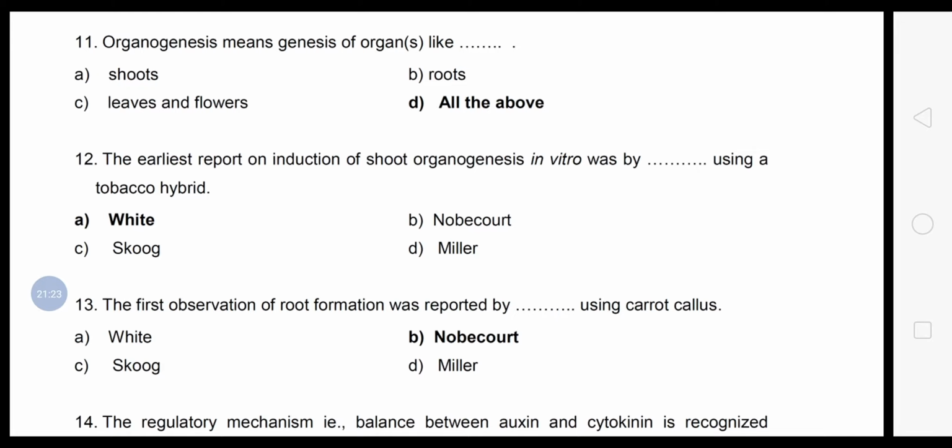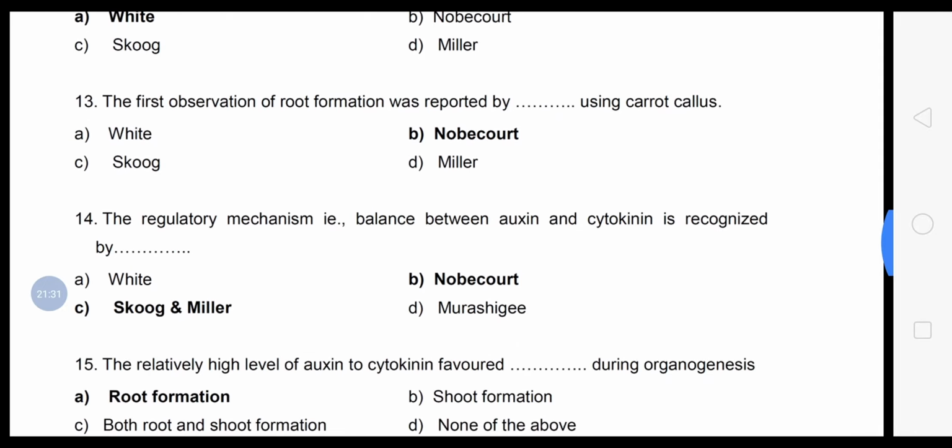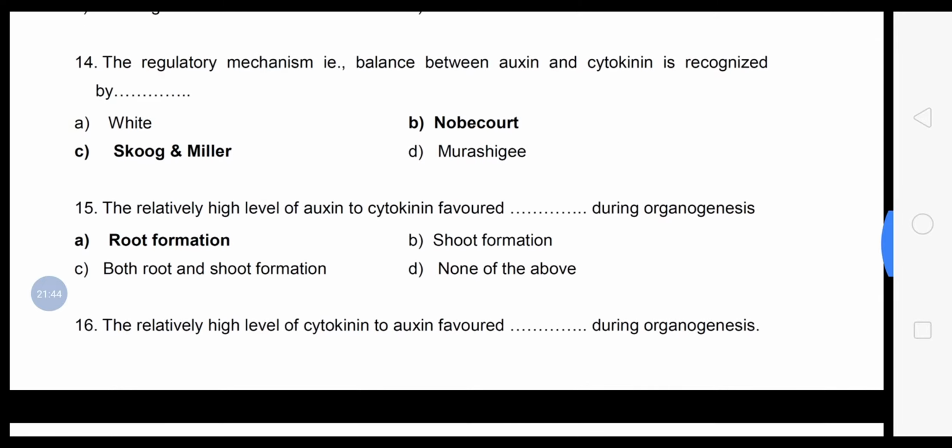First observation of root formation was reported by Nobecourt using carrot callus. The regulatory mechanism, that is the balance between auxin and cytokinin, is recognized by Skoog and Miller.